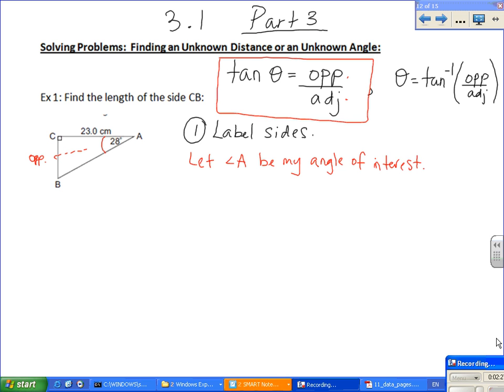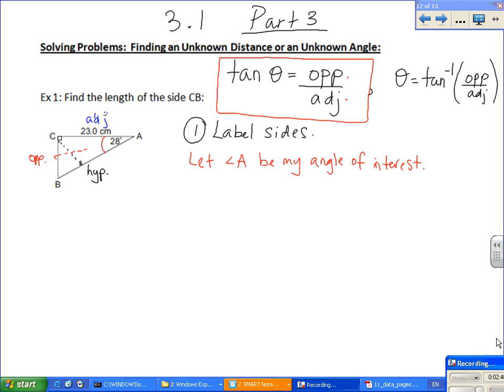Then I'm going to label the side right across from the right angle, there's my hypotenuse. Finally, the leftover side is going to be from C to A, and that's going to be my adjacent.